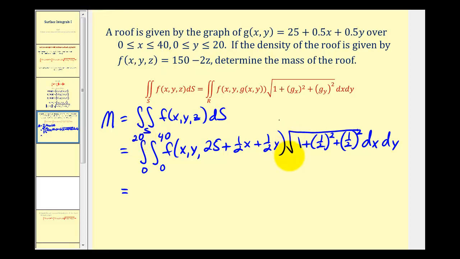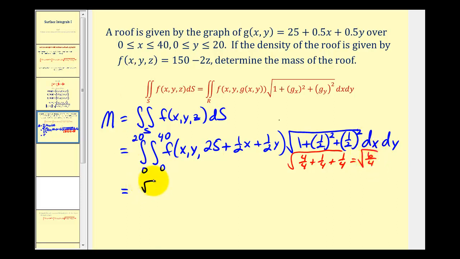Now let's take a look at this integrating factor here. 1/2 squared is 1/4. So we have 1 plus 1/4 plus 1/4, or 4/4 plus 1/4 plus 1/4 underneath the square root, which is going to be the square root of 6/4. And the square root of 4 is equal to 2, so we have square root of 6 divided by 2.